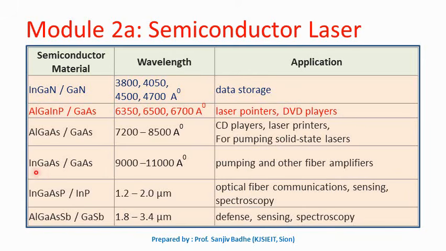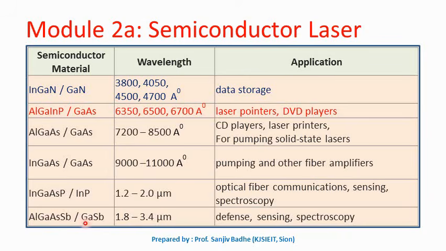Then indium gallium arsenide can be operated in 9000 to 11000 angstroms, the infrared region again. Indium gallium arsenide phosphide or indium phosphide can again be operated in the infrared region and can be used in optical fiber communication, in sensing applications, in spectroscopy.